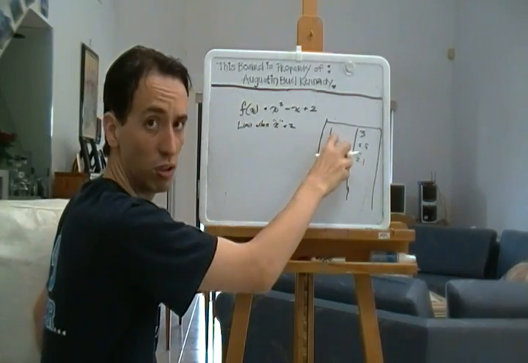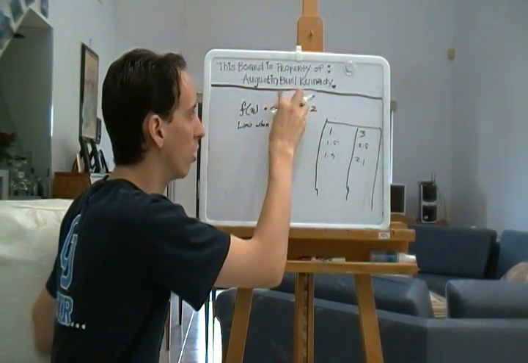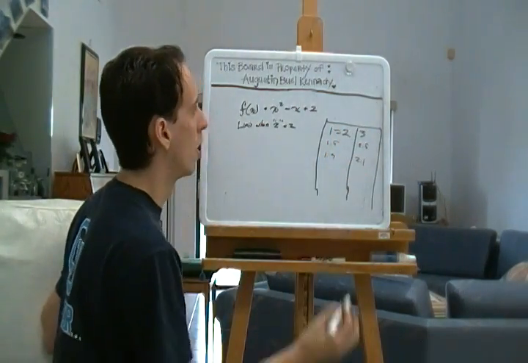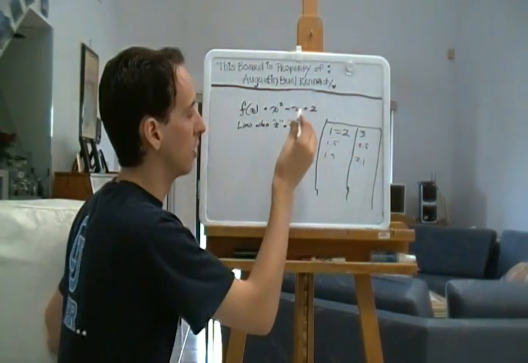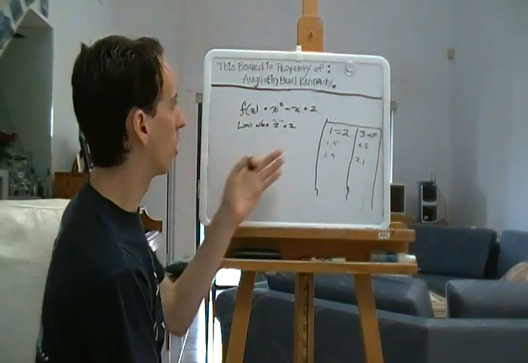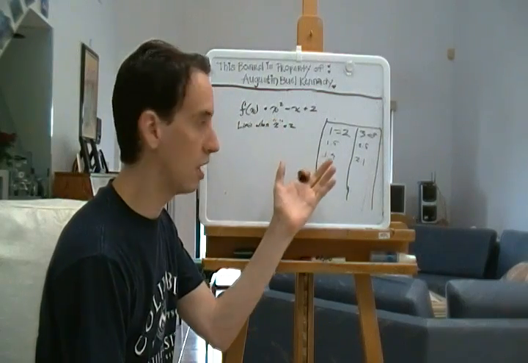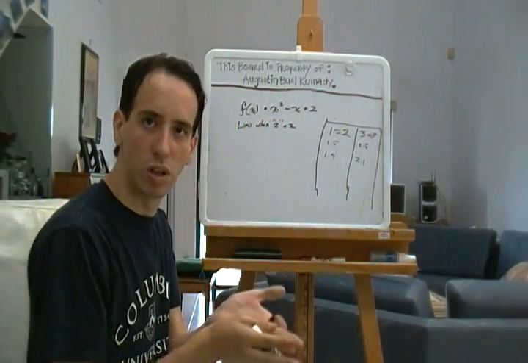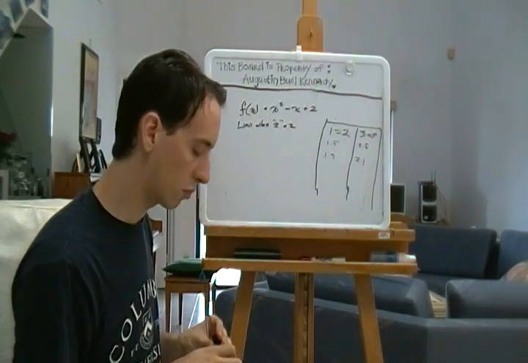You just plug that value in: 1 squared is 1 minus 1 plus 2 equals 2. 3 squared is 9 minus 3 is 6 plus 2 is 8. And you can plug in 1.5 and do the same thing. You're going to get numbers that are trending closer and closer to a certain point.